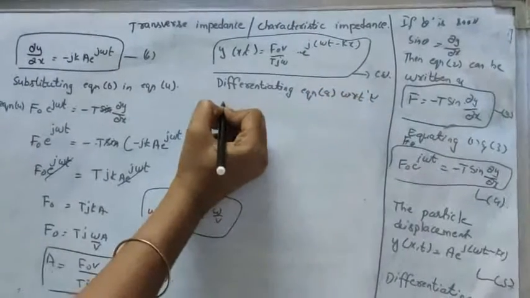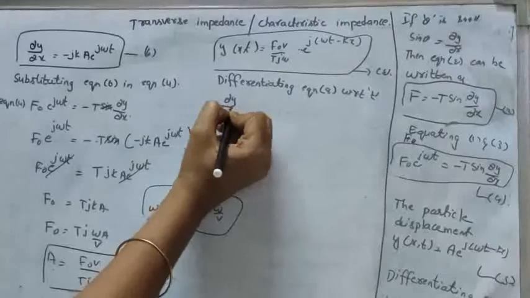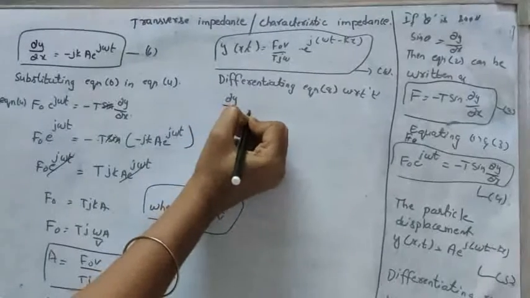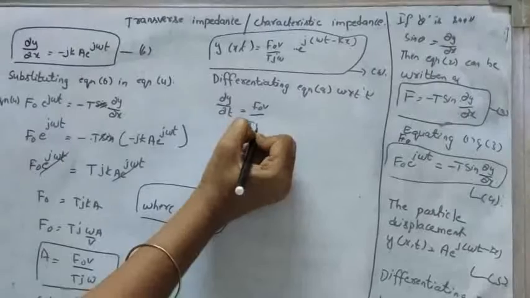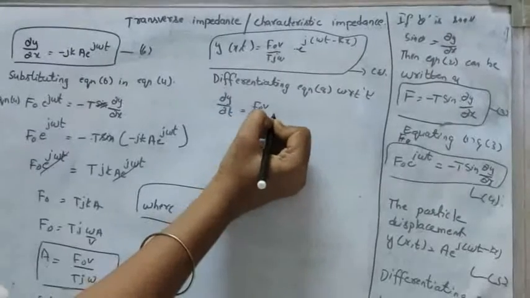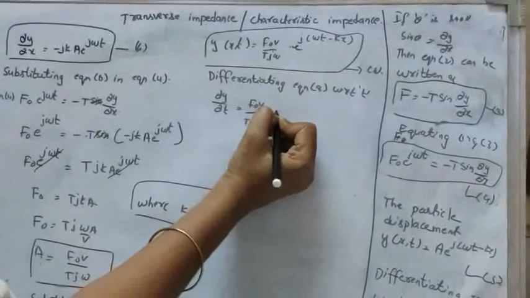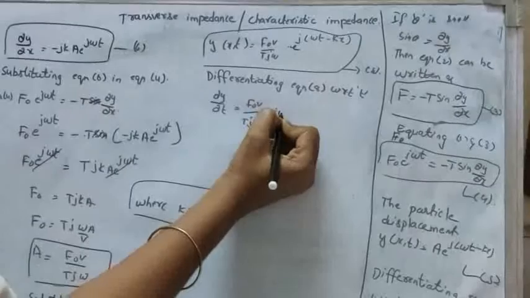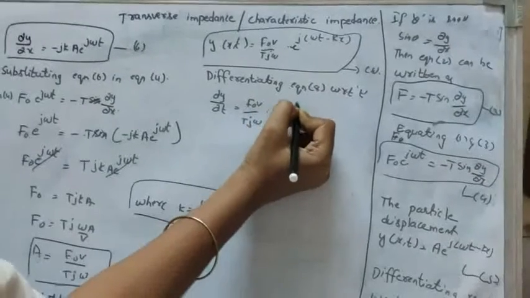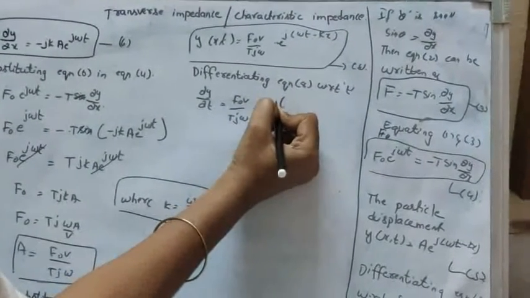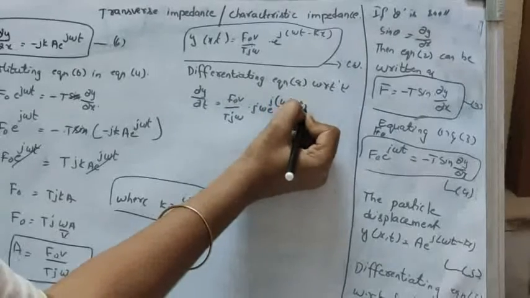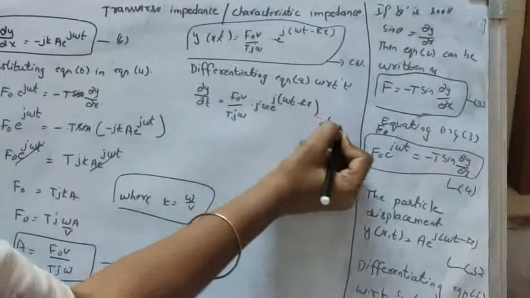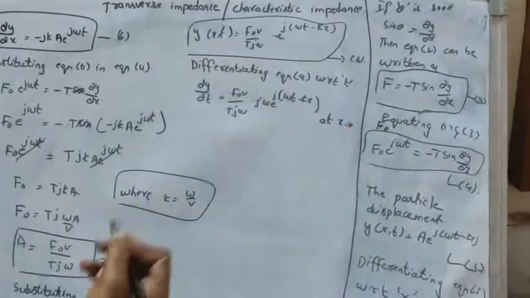So what you will get here, dou y by dou t is equal to F naught v by t j omega into, with respect to t, j e exponential of j of omega t minus kx. We are considering at the point x is equal to 0.